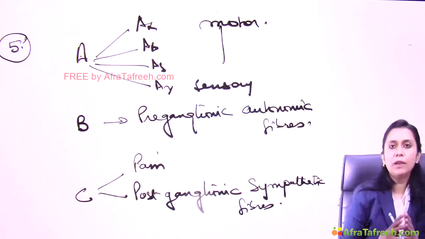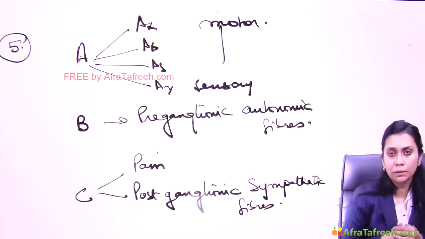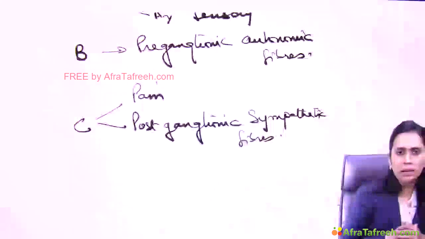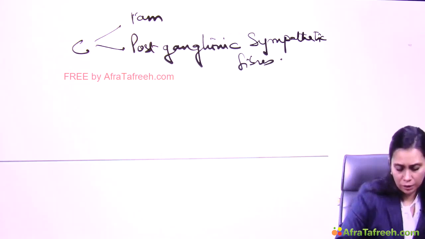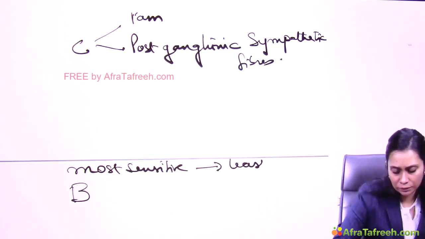Now, I have given it very crudely. You have to memorize it precisely from any physiology book. My concern is only this much: local anesthetic is most sensitive on which nerve fiber? Which nerve fiber is blocked fastest? B fibers most sensitive to least sensitive.